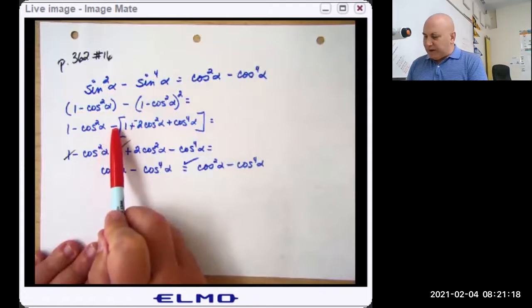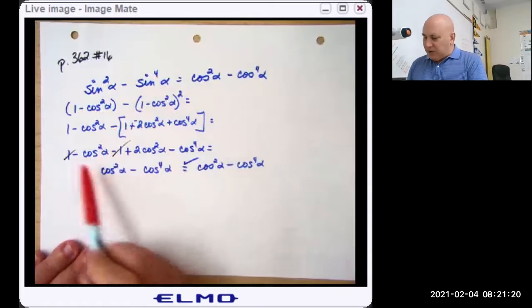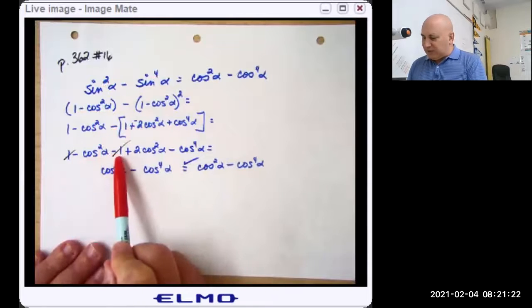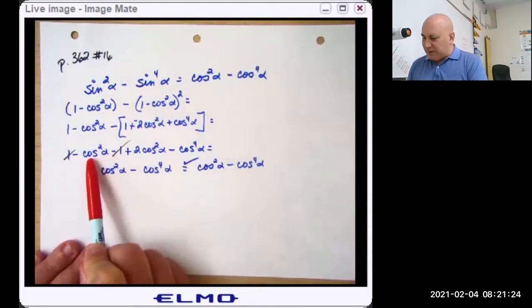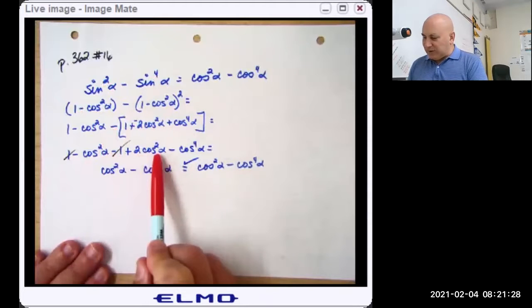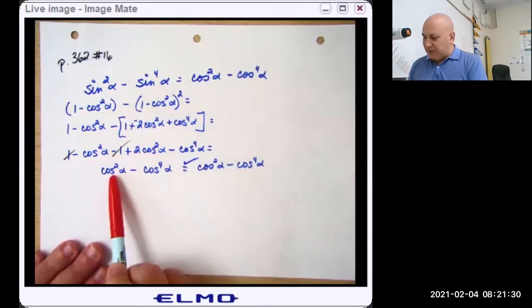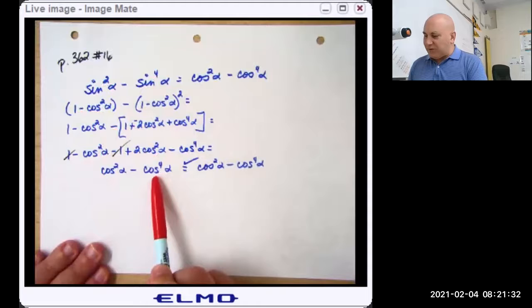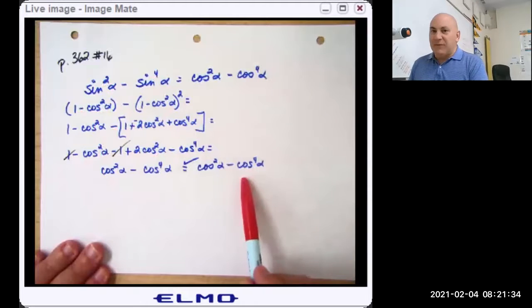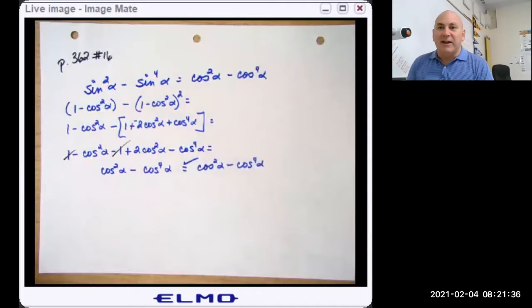Distribute the -1 out in front of here, and you'll notice that these 2 1s cancel, and you get a negative cosine squared alpha plus 2 cosine squared alpha, that's 1 cosine squared alpha, minus cosine to the 4th alpha, and I've completed my verification. So I've done the same problem 2 different ways.